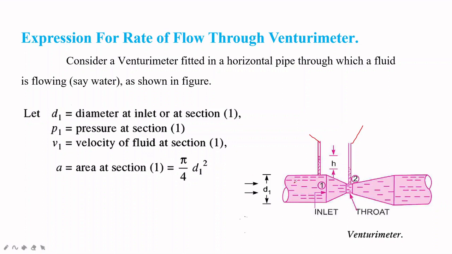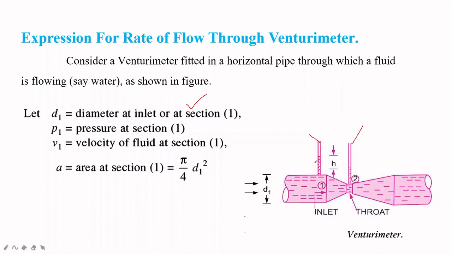So d is diameter, p pressure, and v velocity of the fluid at section 1. The area is small a1. The area of the section is pi by 4 d1 square. Once we know the diameter, we can easily find the area of that pipe.